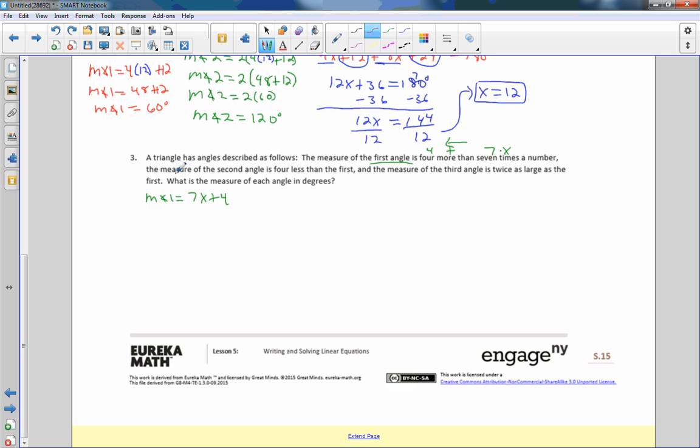The measure of the second angle, the measure of angle 2 is 4 less than, reading right to left, the first. So that would be 7x plus 4 minus 4.